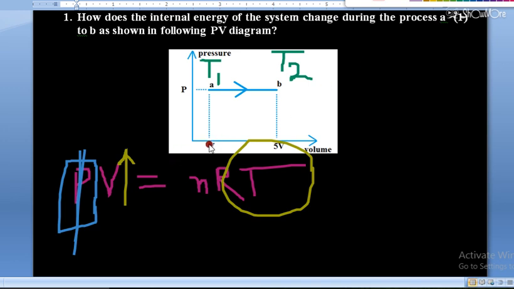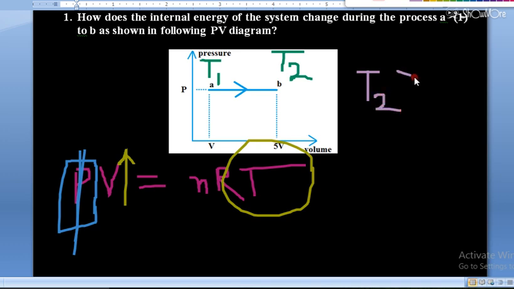Volume here is V, here the volume is 5V, and volume is increasing. If the volume at B is greater, then obviously the temperature at B is also greater, so T2 is greater than T1.